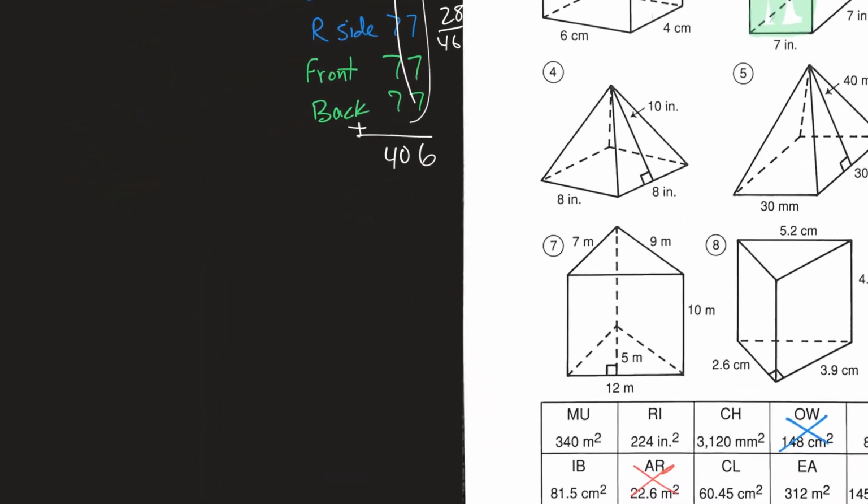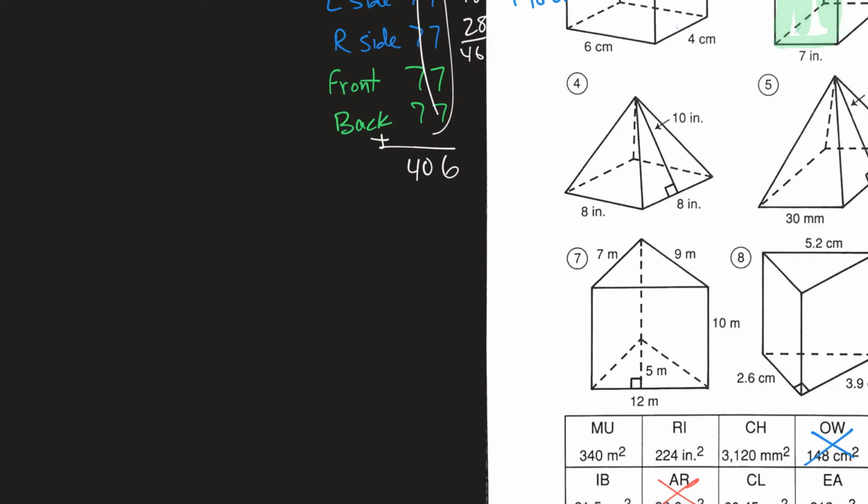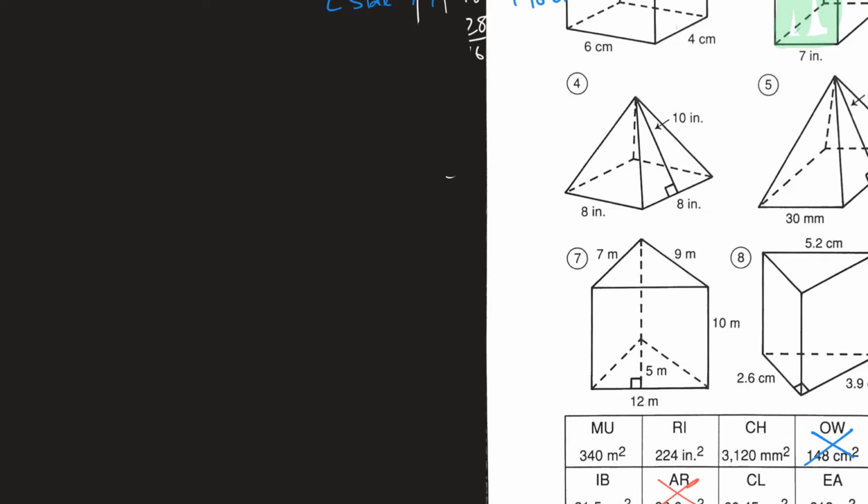So number 4, let's see. I have an eraser. Number 4. First, how many sides are there? Well, I guess there's 5 sides, right? And I'll just call it a left side, a right side, a front side, a back side, and a bottom.